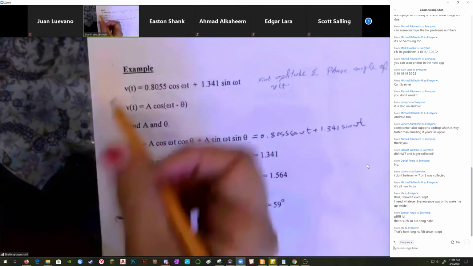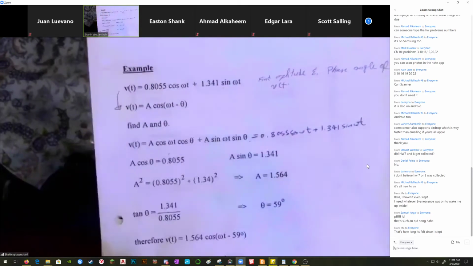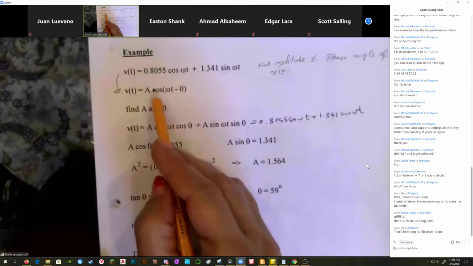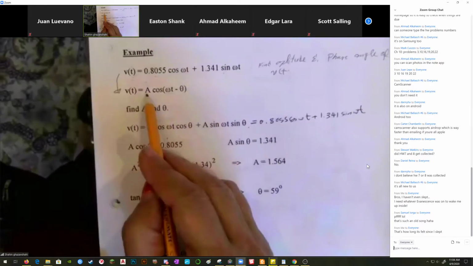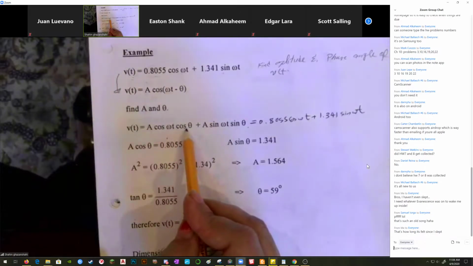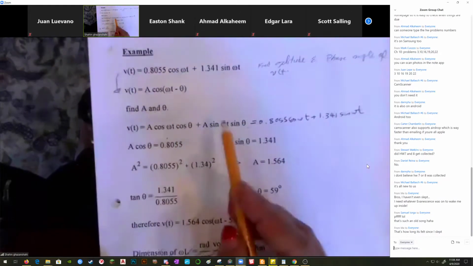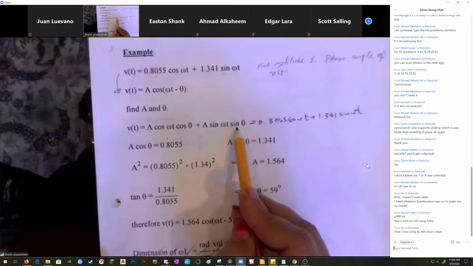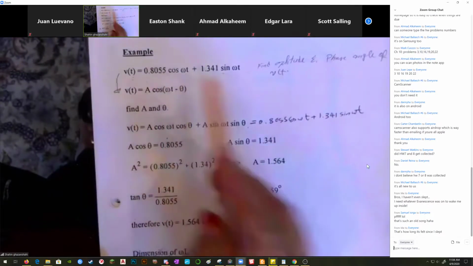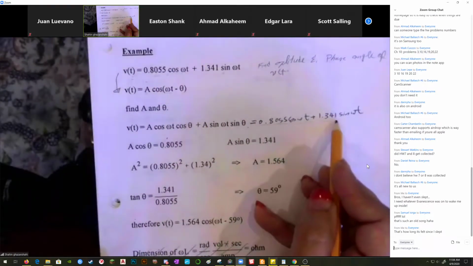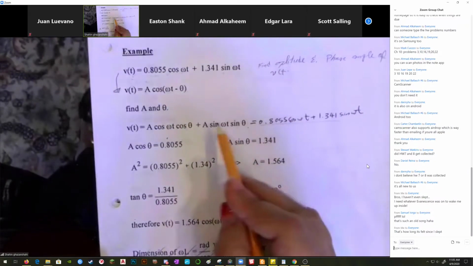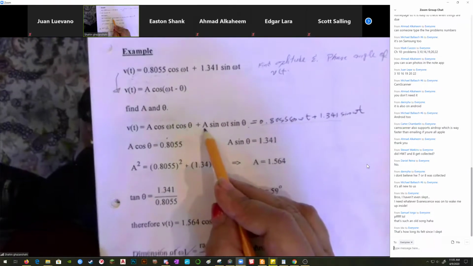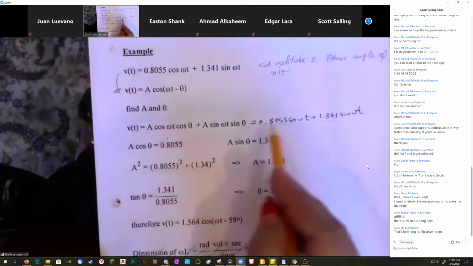It means change this to this format. So similar to what we did, we expand it as A cosine omega t cosine theta plus sine omega t sine theta, and you equate it to this equation, correct? Now, comparing these two, your A cosine theta is what?